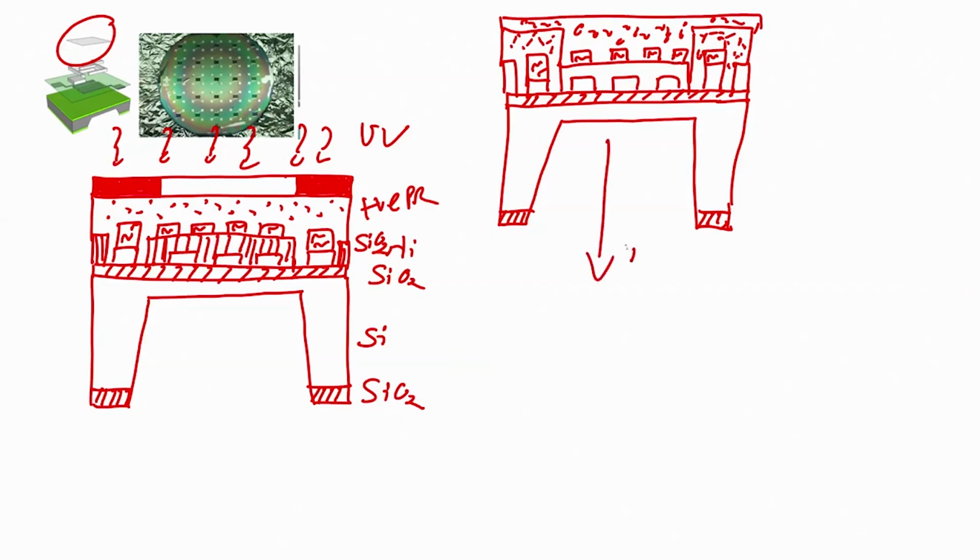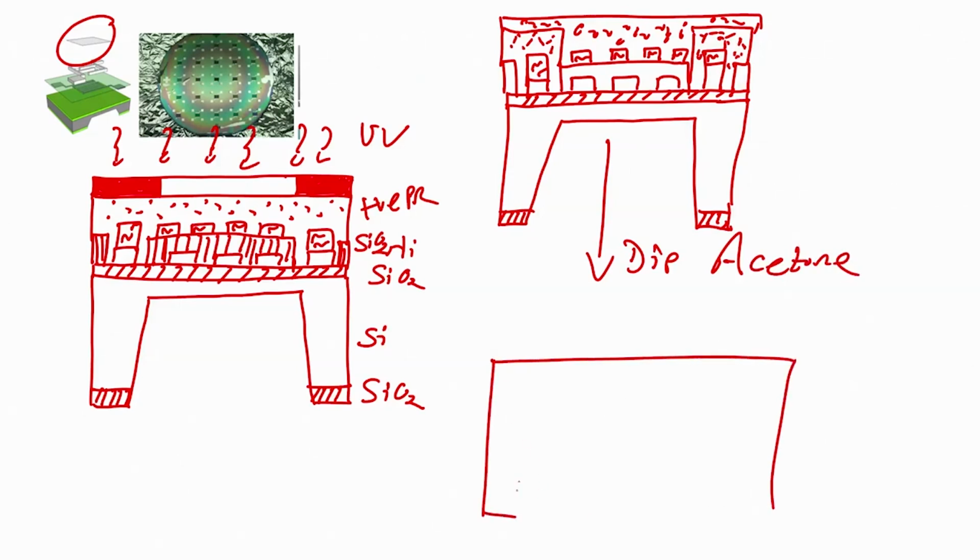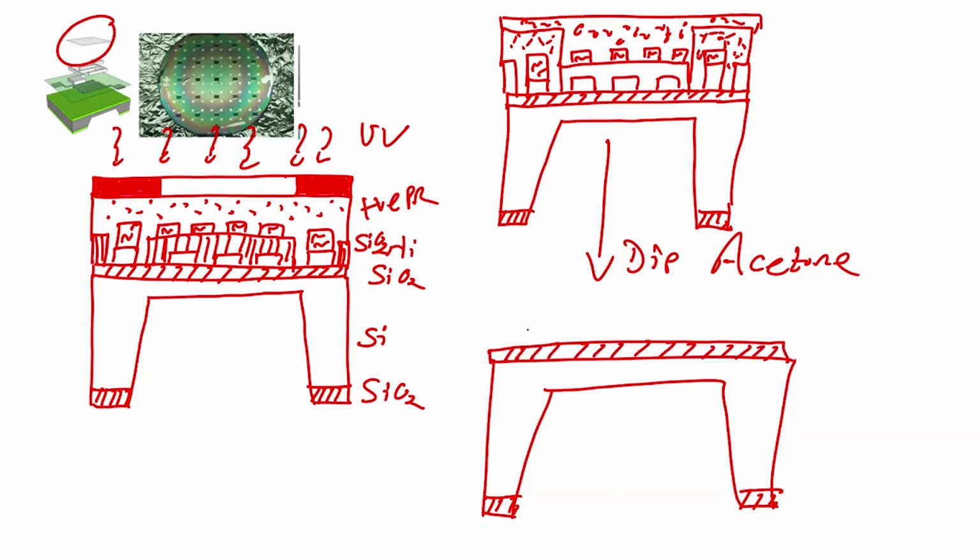After this I will dip this wafer in acetone. When I dip this wafer in acetone, what will I have? I will have my VOC sensor, ready to be utilized.